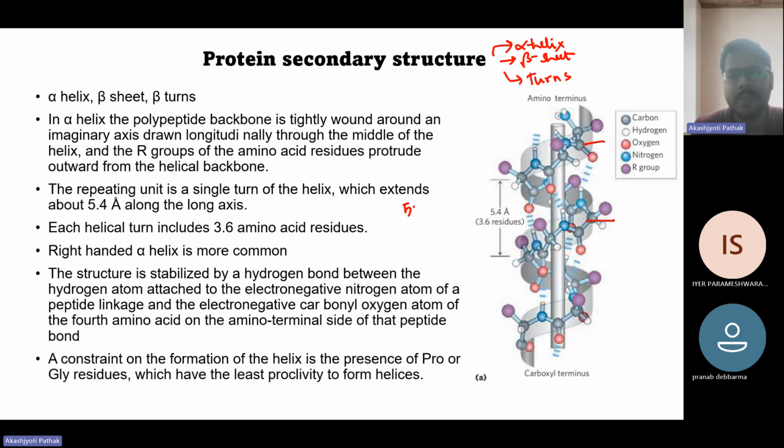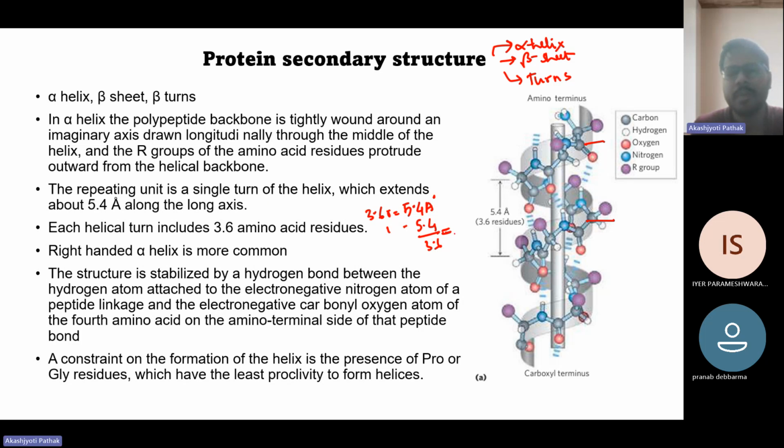So basically you have 5.4 angstrom for 3.6 residues. If you divide it by 3.6, we will get the value per amino acid residue, or what is the distance between two amino acids, basically.